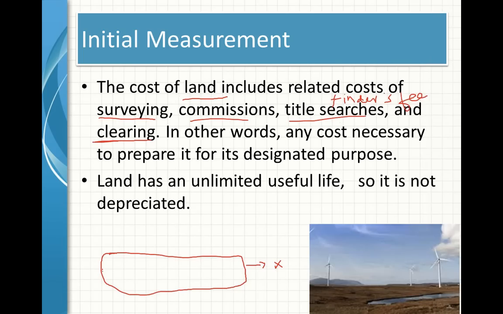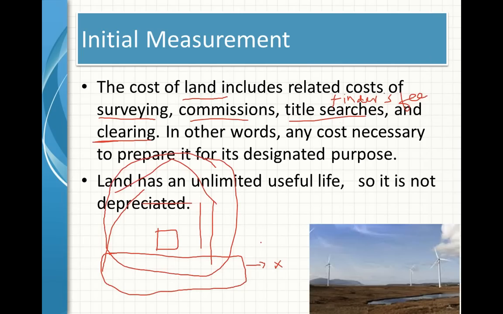Then you constructed a house on this. Of course, this will have depreciation. What amount you paid for the building will be subject to depreciation, but the land amount is not allowed for depreciation.